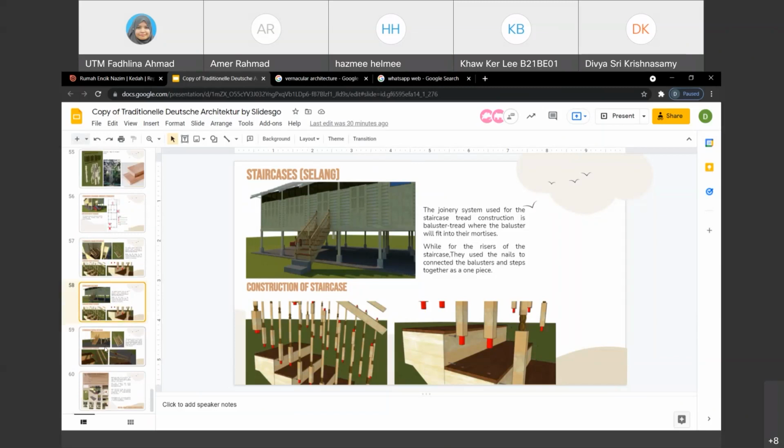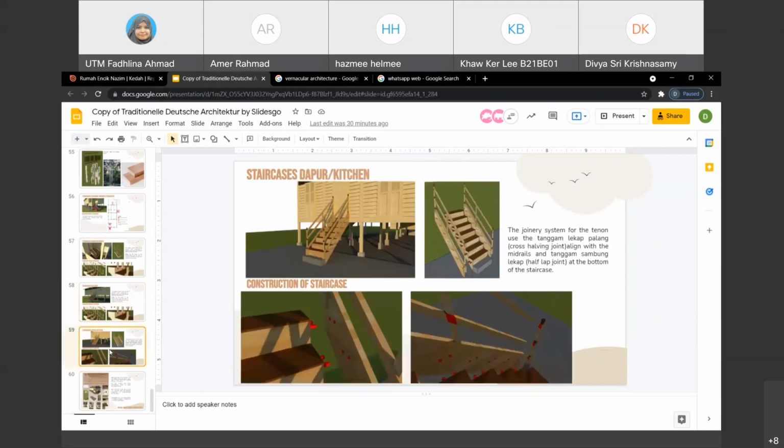The final one is for the dapur or kitchen, where the joinery system for the tenant uses tanggam lekat palang, a cross halving joint aligned with the mid-rails, and tanggam sambung lekat, which is a half lap joint at the bottom of the staircase. I will be blowing up the details and exploding each component of this staircase.